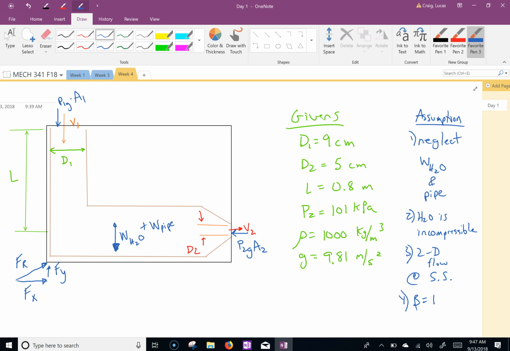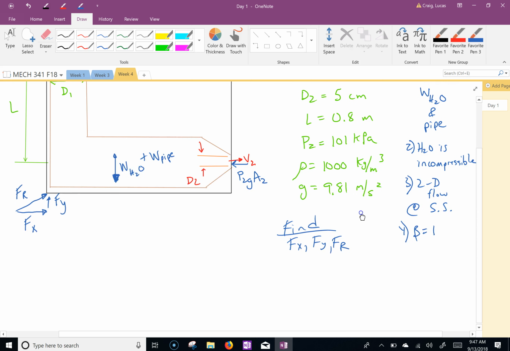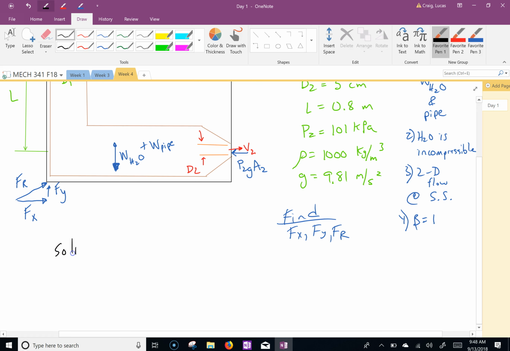Okay, where do we start? We need to find Fx, Fy, and the resultant Fr. So we did our free body diagram. We labeled what's going in and going out for velocities. Now we can start the solution. So we're going to start always with this.